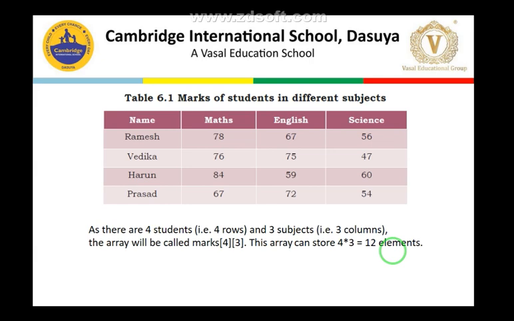The students are Ramesh, Vedika, Harun and Prasad. These are 4 students represented by 4 rows, and 3 subjects represented by 3 columns. We have named the array marks, with 4 rows and 3 columns. So the first 4 represents the number of rows, that is the students, and 3 columns representing the subjects. Now this array can store 4 by 3 elements, that is the marks of 4 students, 4 into 3 is 12 elements.